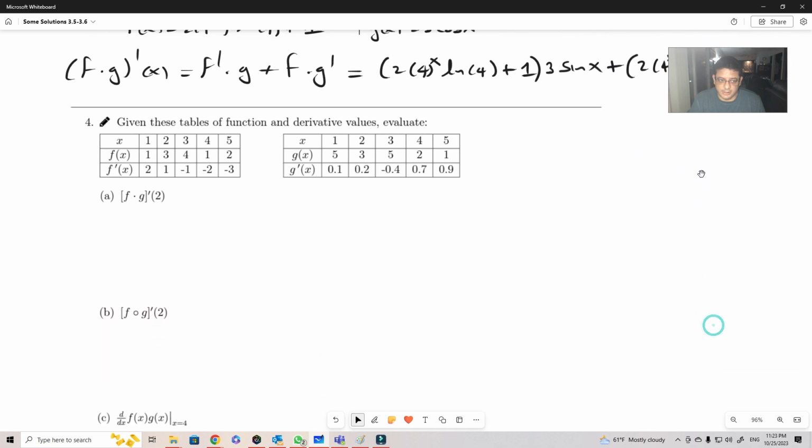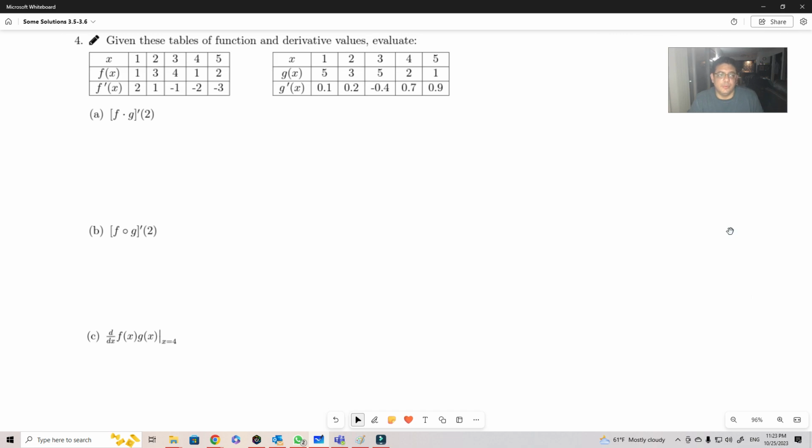Now let's see some more cases where we obtain values from a table. If we have this f times g prime of 2, you have to remember that we are doing the derivative first before plugging in the value. That's why we're not getting zeros out of values that look like constants.